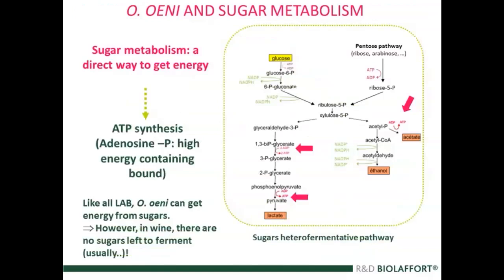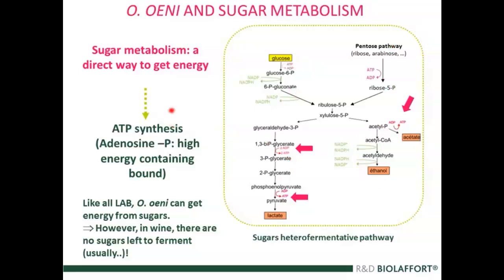Coming back to the general metabolism of Oenococcus oeni, just like any other lactic acid bacteria, it can get some energy to develop and survive through sugar metabolism. And the way it does it, and I'm not talking in winemaking conditions, I'm talking in general conditions, it will use glucose or pentose to produce ATP, that you see here, the molecule that has a high energy containing bond, that is the energy reserve of the cell.